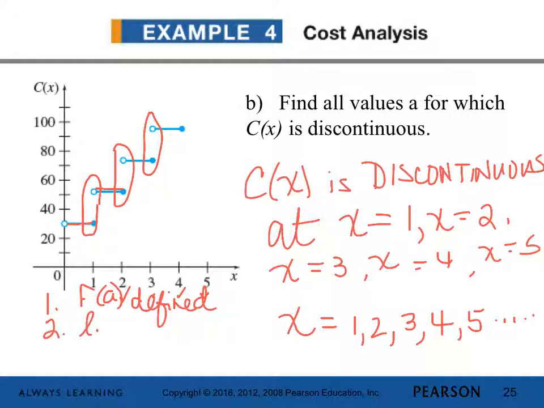Does the limit as x approaches a from the left equal the limit as x approaches a from the right? Are those two equal? And if that's a yes, then question number 3, in short terms, is: does 1 equal 2?